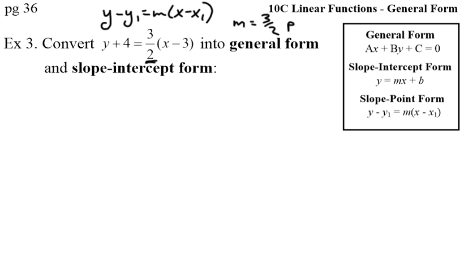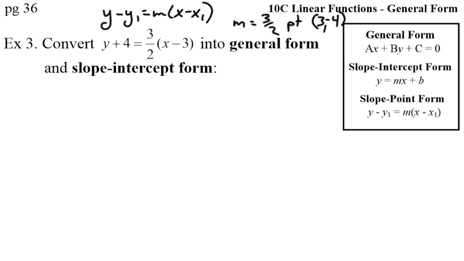What's the point that that line goes through? Well, our x point, remember, x minus x1. So our x1 is 3, and y plus 4 means our y1 was a -4. So this equation, just to review, tells us we have a slope of 3/2, and we're passing through the point 3, -4.